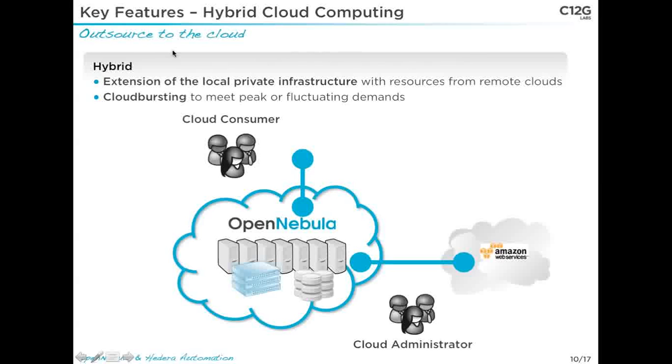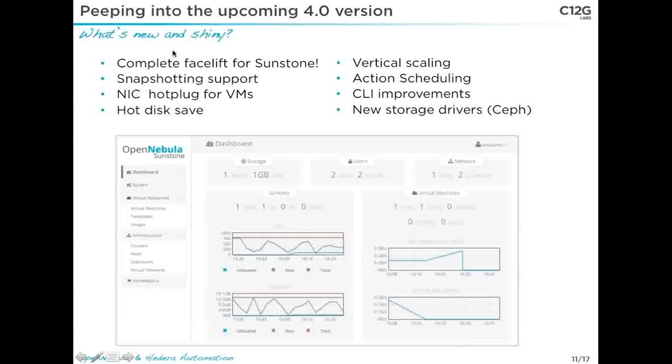Okay, one of the other key benefits of using OpenNebula is the ability, and this I think is quite unique in the cloud management platform arena, to create hybrid clouds, meaning that when your local infrastructure is saturated and you cannot satisfy a service peak demand, you have the choice with OpenNebula to outsource some of this compute capacity to Amazon.